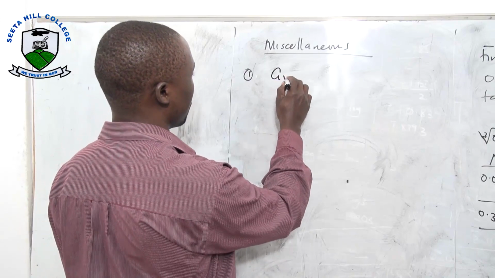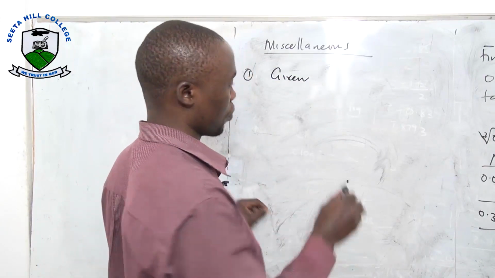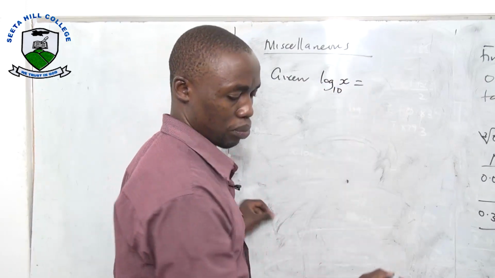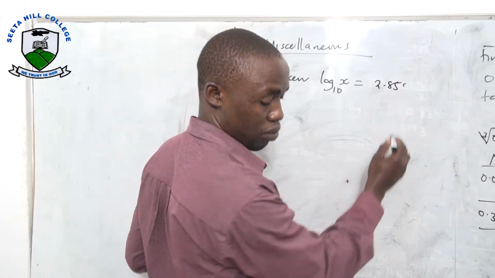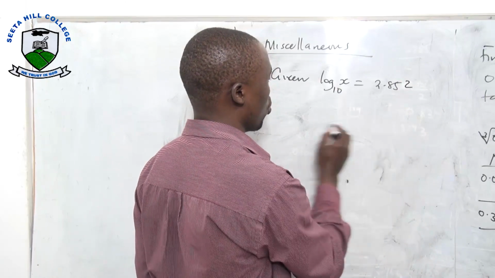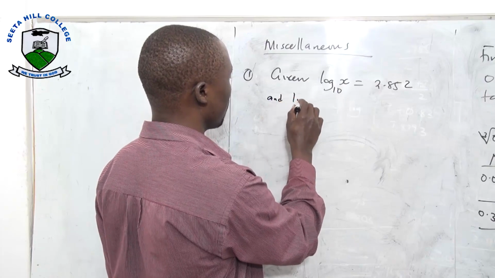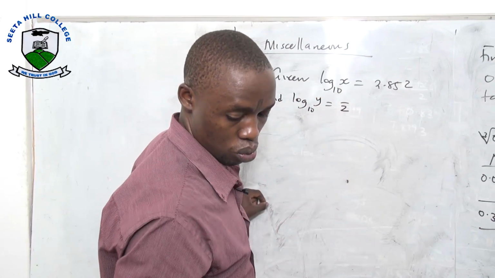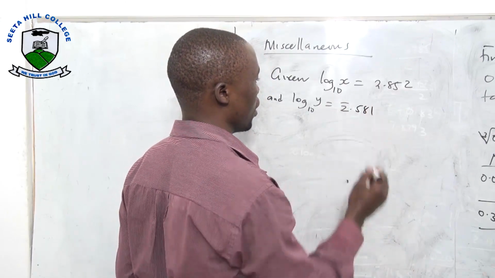Given log 10x is equal to 2.852, and log 10y is equal to negative 2.581.